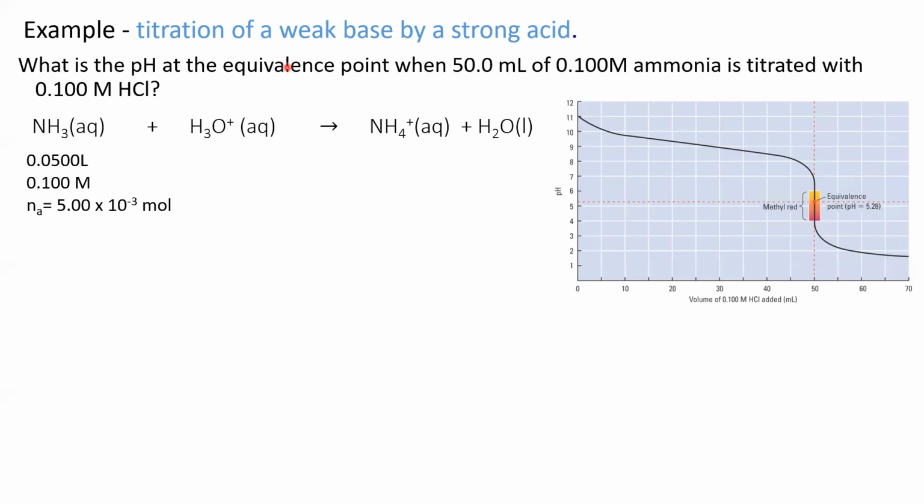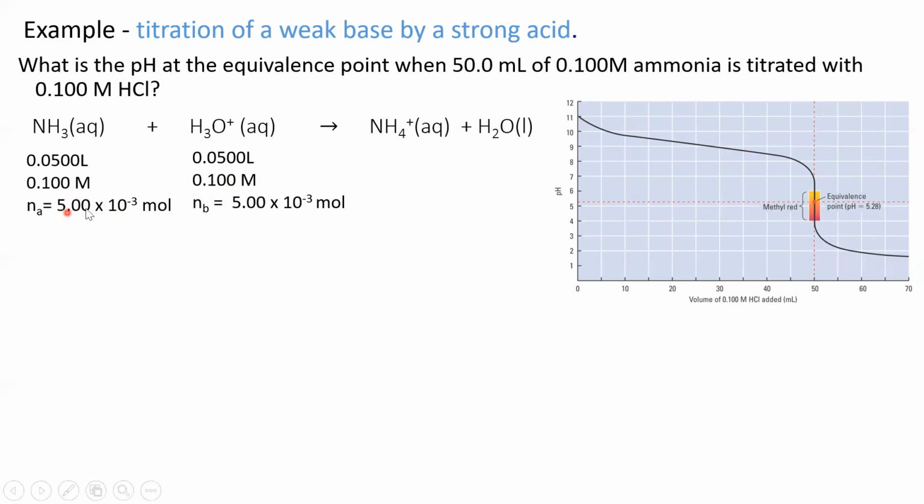Well, by definition, equivalence point means the moles of the base equal the moles of the acid. So that must mean we've got 5.00 times 10 to the minus 3 moles of acid to completely react with our moles of weak base. So it didn't give us this information, but we can figure that out. And they happen to be the same numbers. They don't have to be.